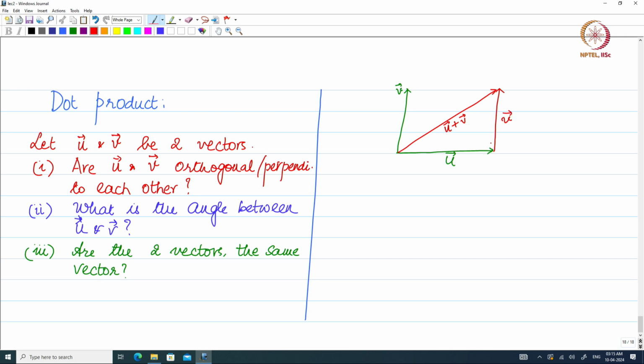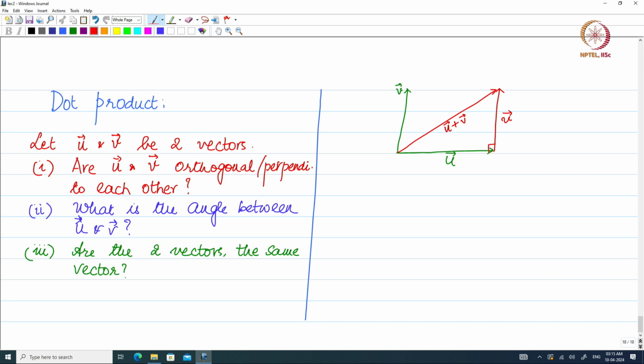Now, you note that in this case you already know that it is a right triangle, the angle between the two vectors u and v is 90 degrees. We want to establish what is the condition for the two vectors to be orthogonal. How do we get it in terms of the knowledge of the vector operations?